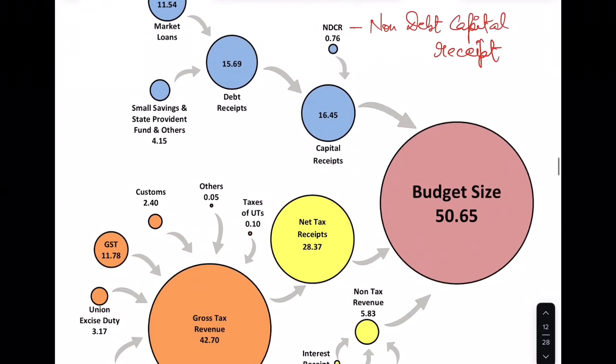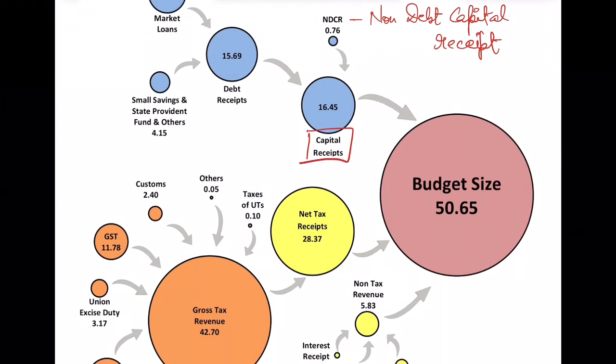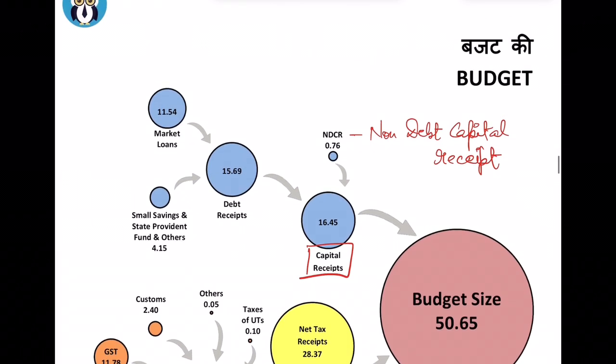Now, these are the subparts. Like this is the capital receipt. So what were the parts of the capital receipts? Like non-debt capital receipt. Then the debt capital receipt consists of small savings, state provident fund and others, and the market loans.